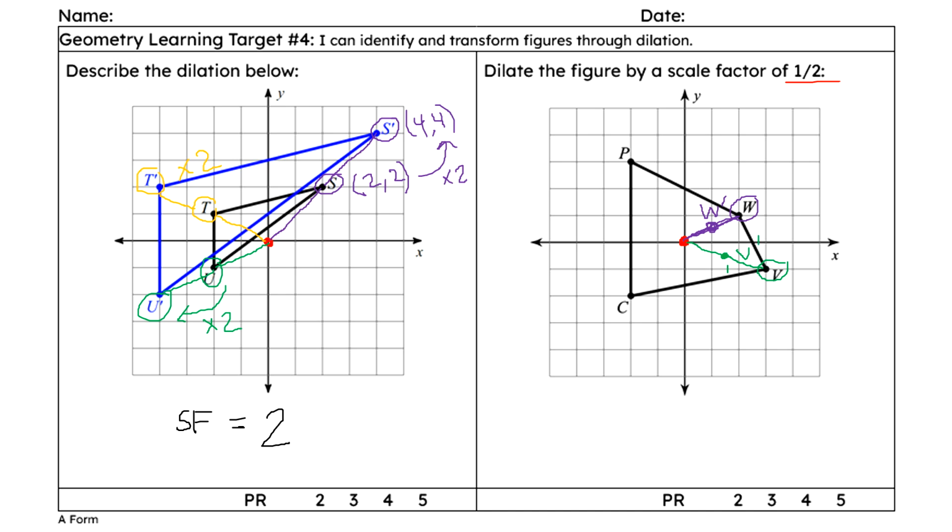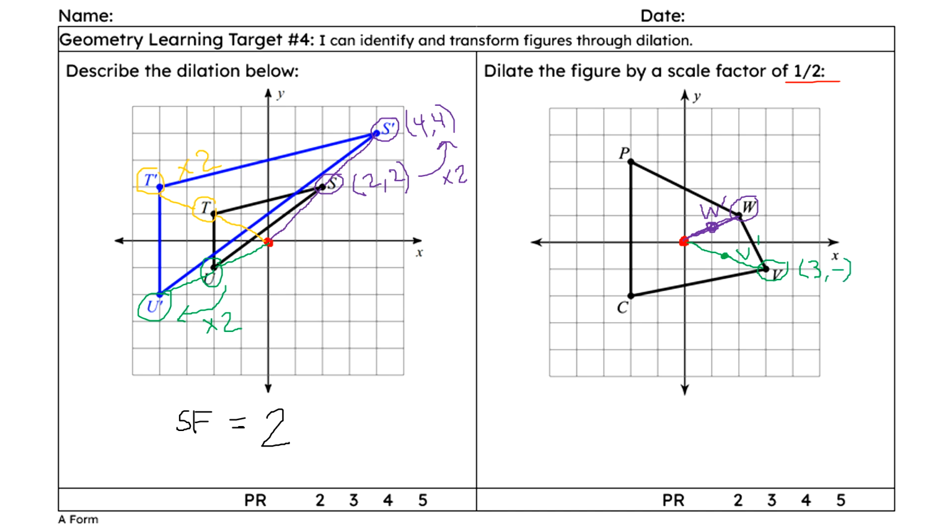You can also check the coordinates if you would like to. My original V point was at 1, 3. Sorry, oh my goodness, I'm getting mixed up. It is 3, -1. There we go. 3, -1. And now my V prime should end up half that.